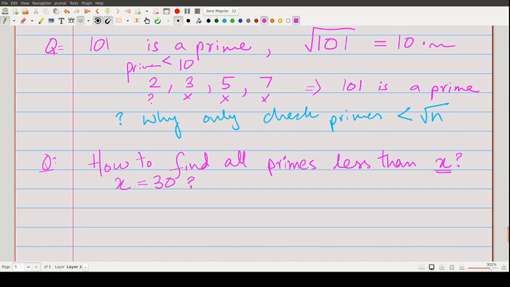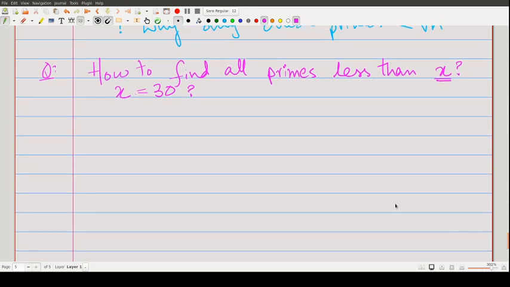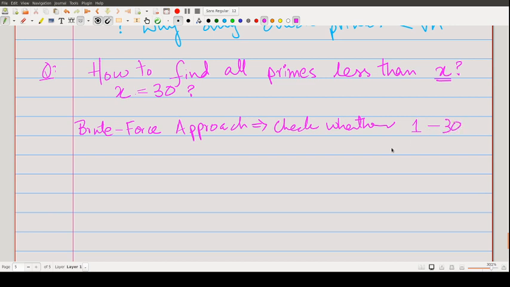Now the first approach is, of course, to check every number. The first simple brute force approach is to check whether the numbers, let's suppose from 1 to 30, are prime.